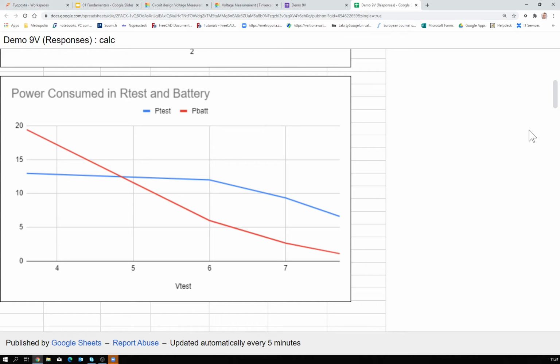For example, if you are measuring the output impedance of an Arduino or some microcontroller, then use moderate size test resistors.